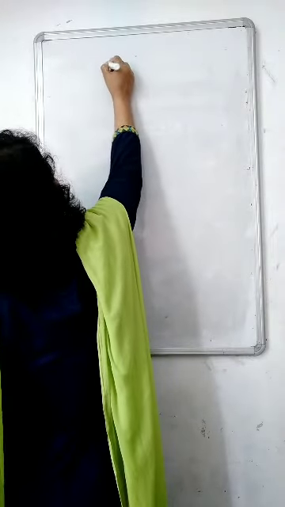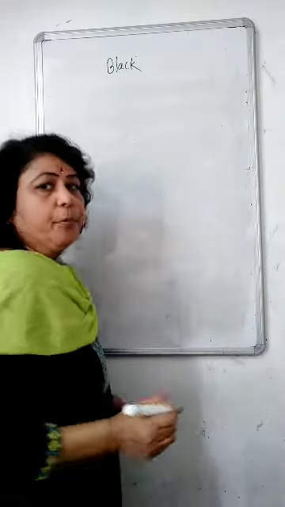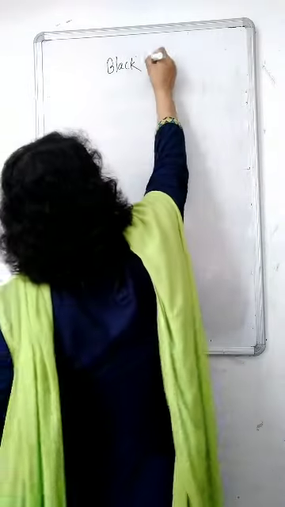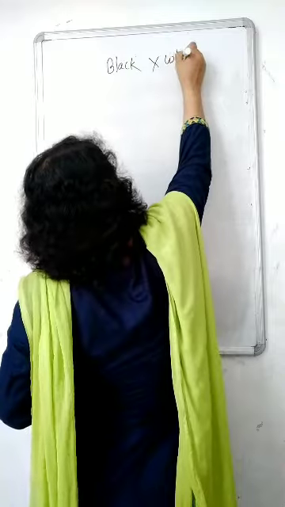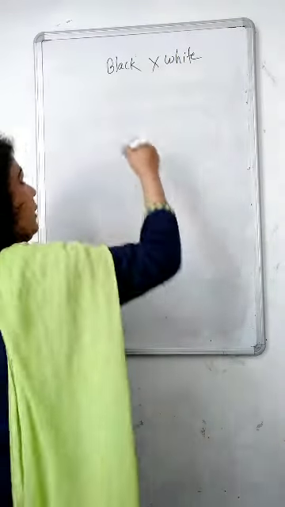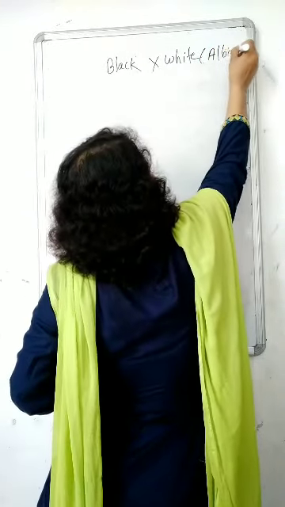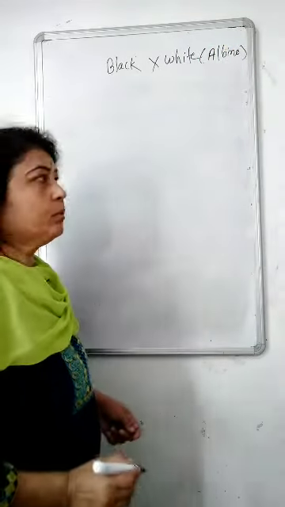Here, a homozygous or pure line black is crossed with a homozygous or pure line white, or we can say albino.